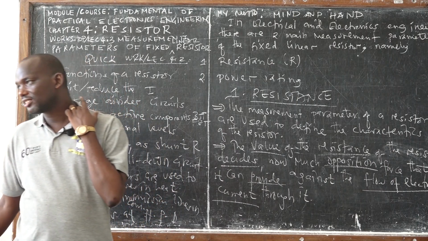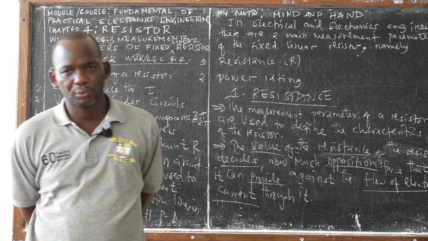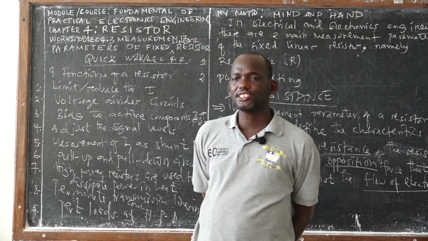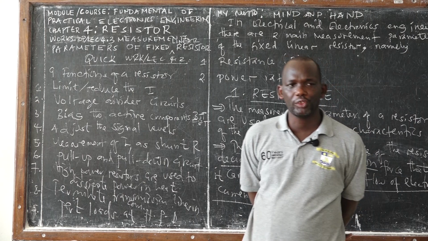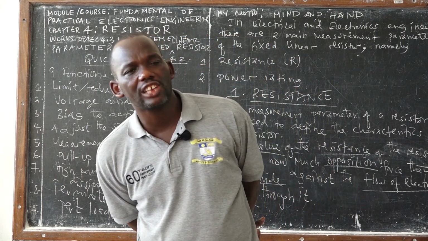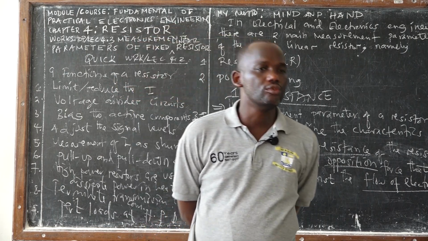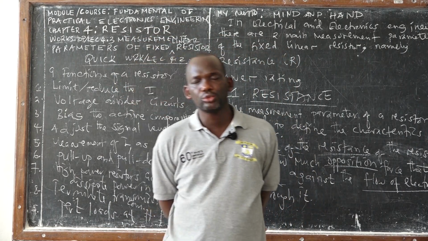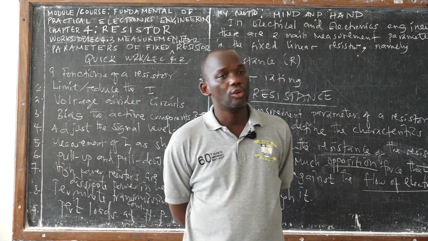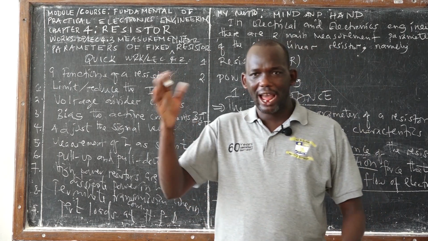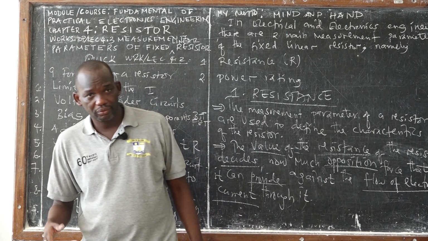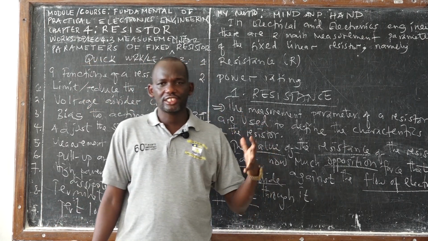For instance, let me explain this point. We have resistor 1, whose resistance is 220 ohm, and resistor 2, whose resistance is 2.2 kilo ohm. So 2.2 kilo ohm is equal to 2,200 ohm.